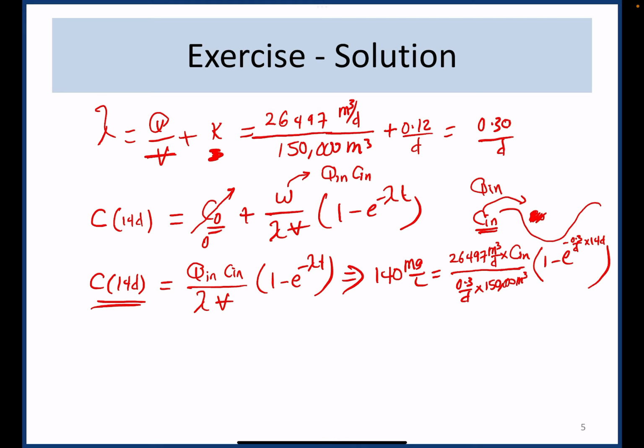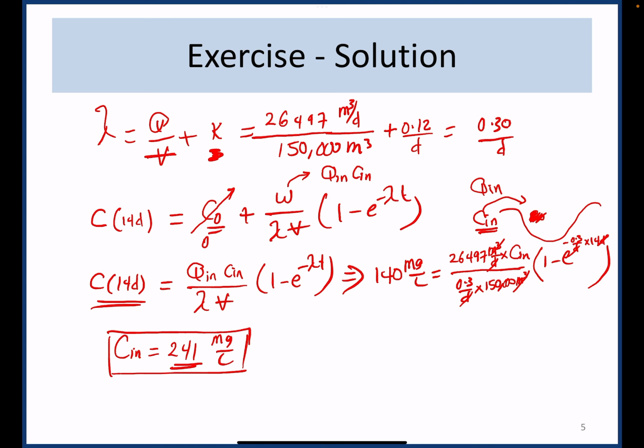So now you can see day with day, meter cubic with meter cube, and day with day. You'll end up with milligram per liter of Cn. If you just plug it in, you will find that Cn, the initial concentration coming in with the loading, is almost 241 milligram per liter. You should have your unit with the number, and you should have the digits in 3 significant figures all the time.